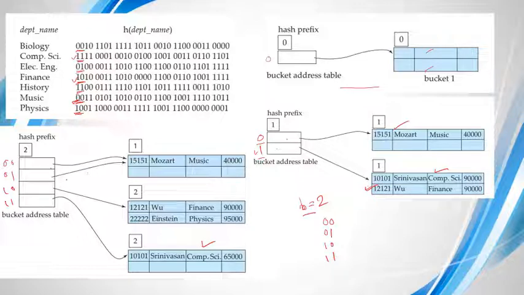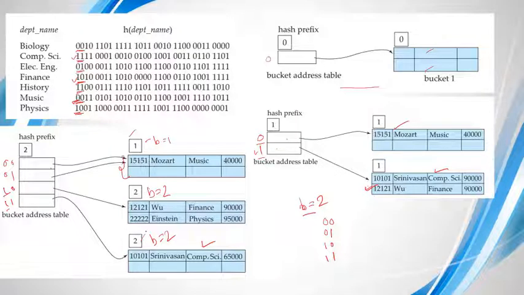Now we can address these 2 entries with the same address, because we need only 1 bit for this kind of thing. Only 1 bit is sufficient to insert all these records, but for these two blocks we need these bits. That's why we are writing here b equals 1 is enough, here b equals 2, here b equals 2. So that's why we write 1 2 2.